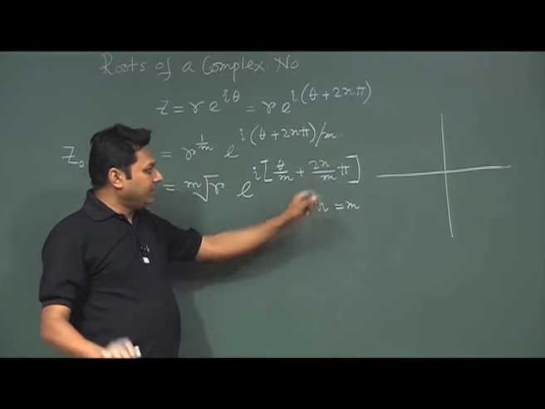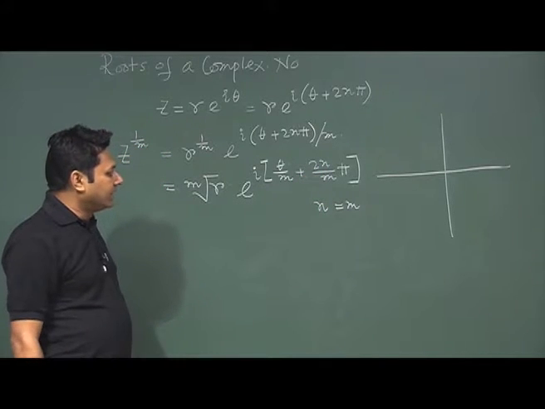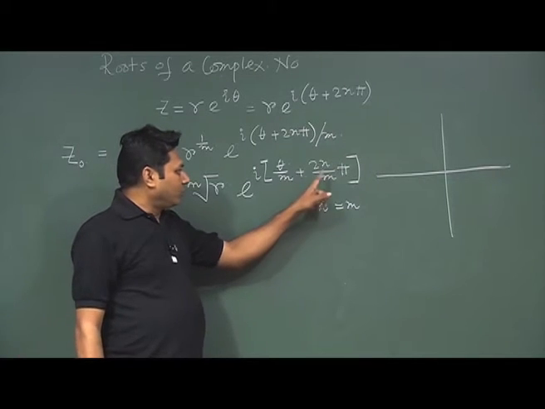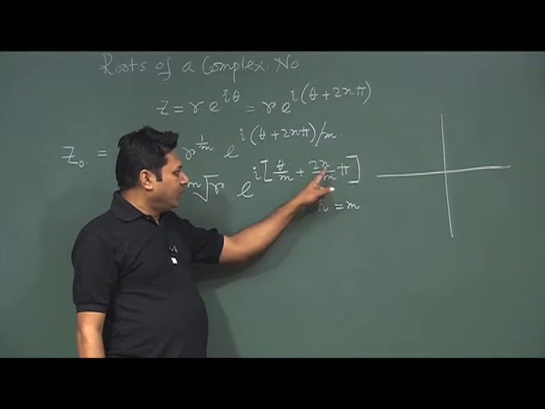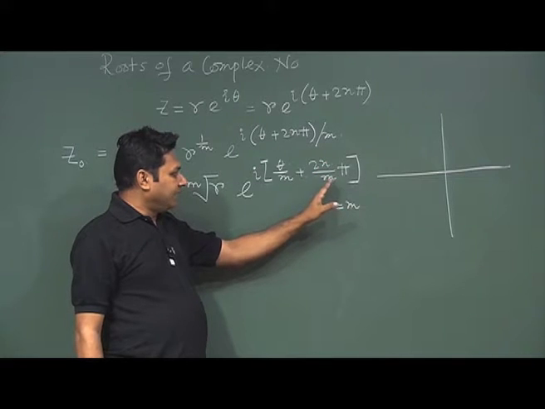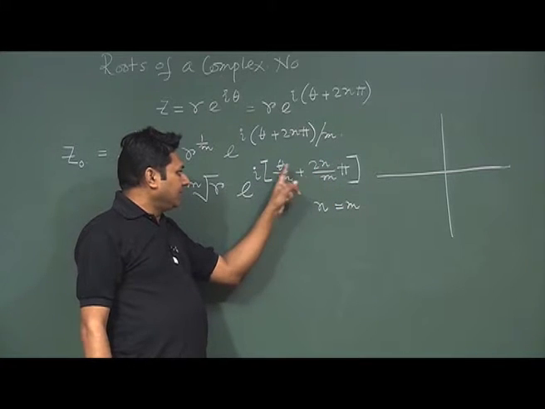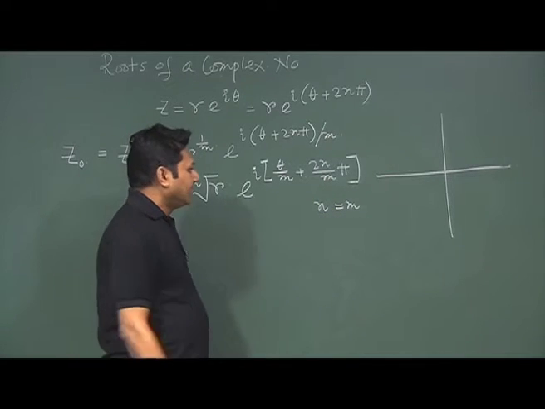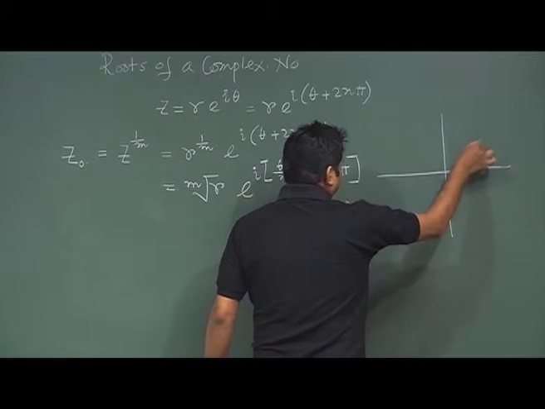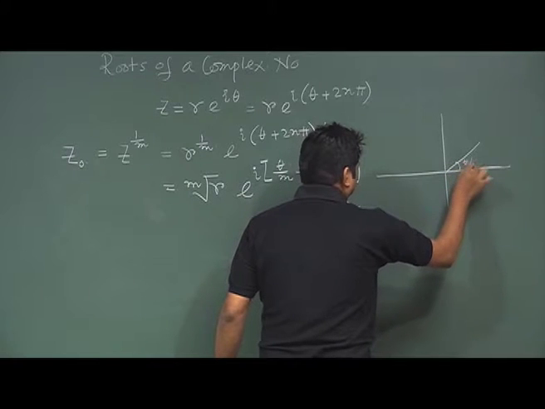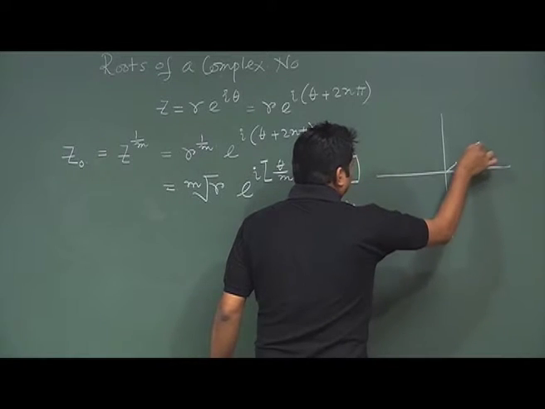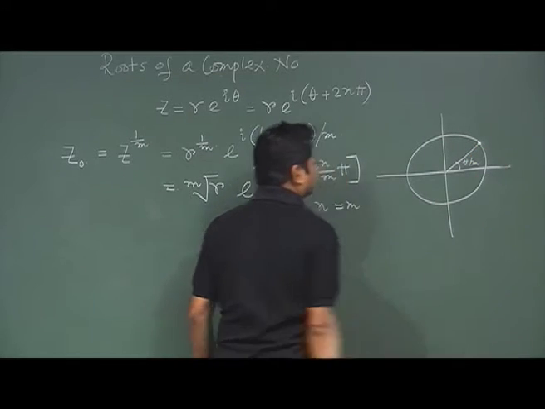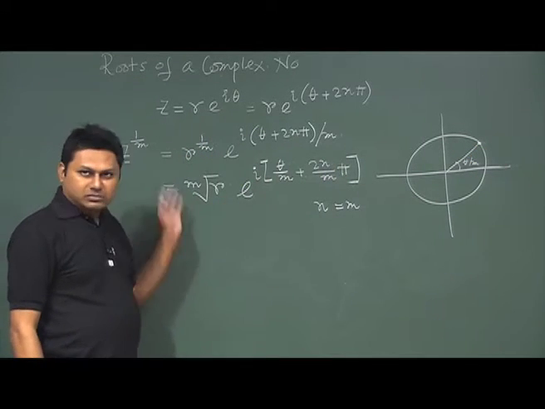I will show you the example, then these things will be clear, but I would like to appreciate at that point that when the value of n is equal to m, you will have theta divided by m plus 2 pi. So, that means whatever the theta by m says, when I say this is plus 2 pi, I will return back to that point, and so on.